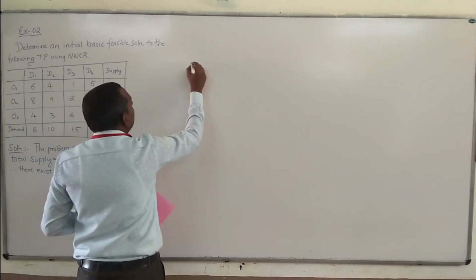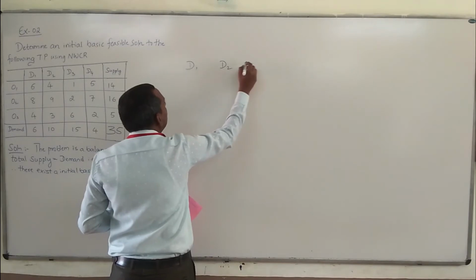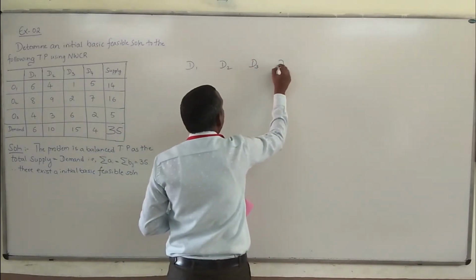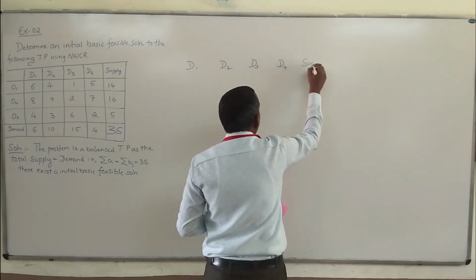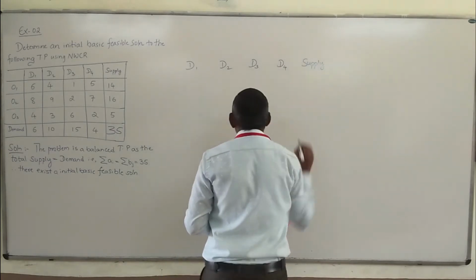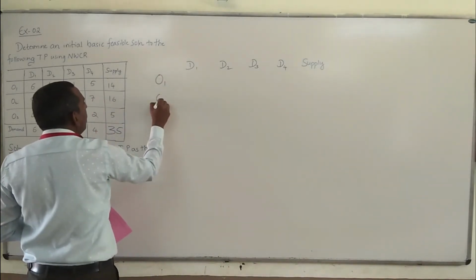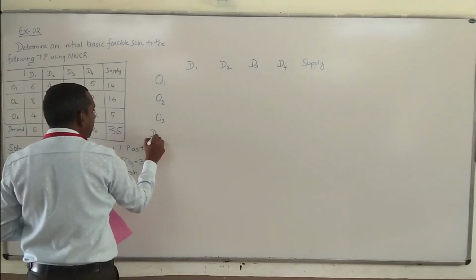So it is D1, D2, D3 followed by D4. This time I am drawing the table very big so that it is easy for explanation. Then 1, 2, 3, that is demand.